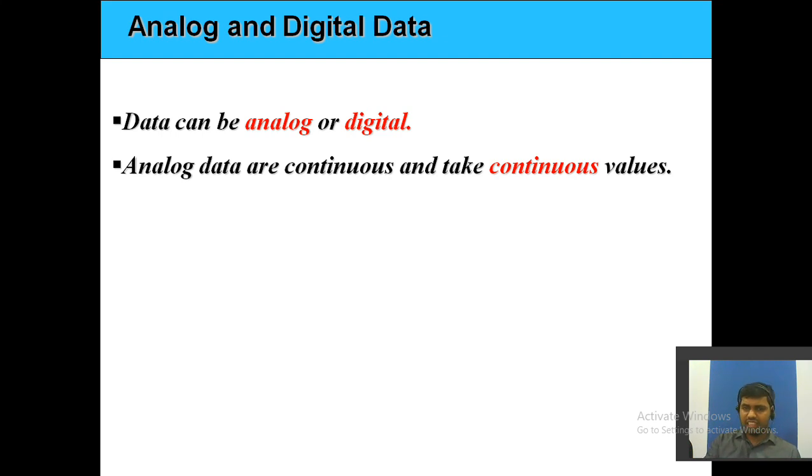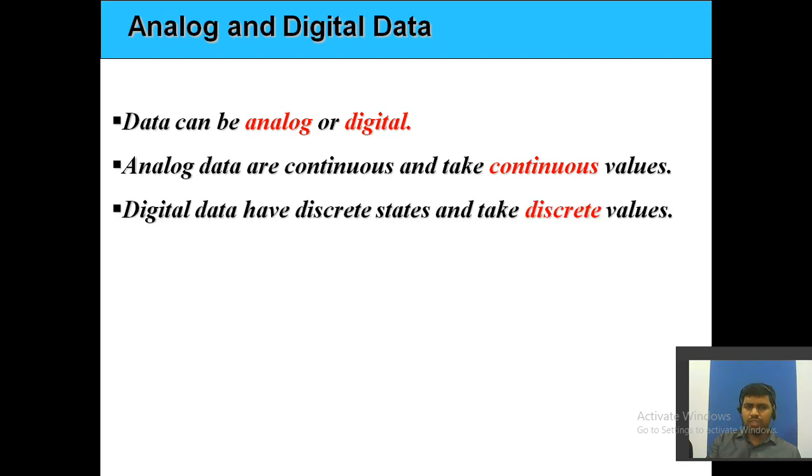It is a continuous process and there is no exact value for analog communication. Coming to digital communication, digital data has distinct states and takes distinct values. So there is an exact value we are taking from digital communication. This is about analog and digital data.